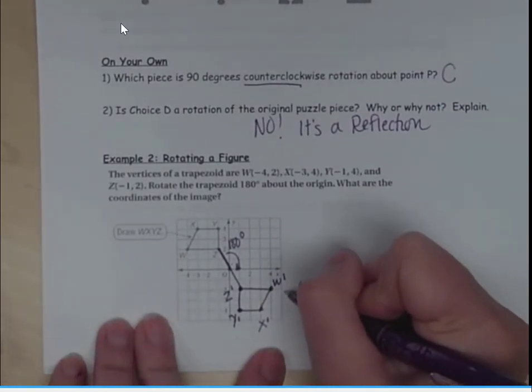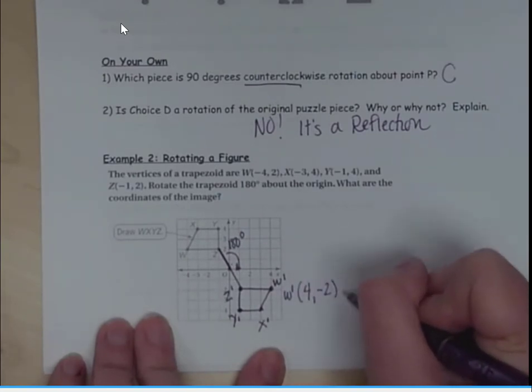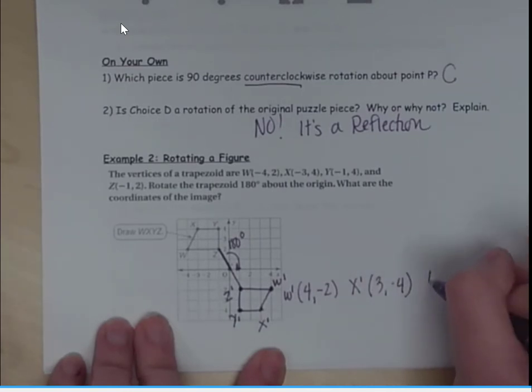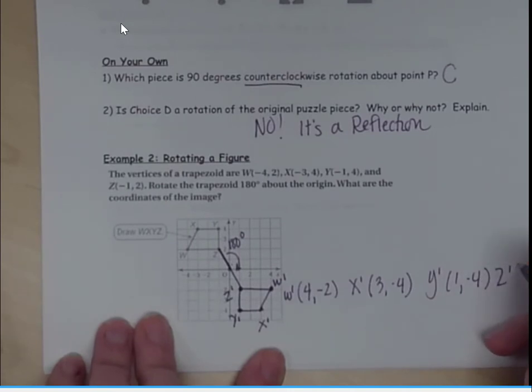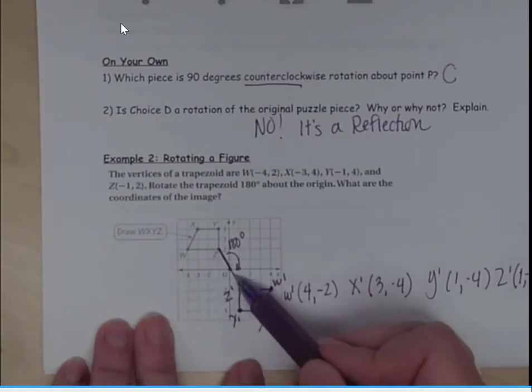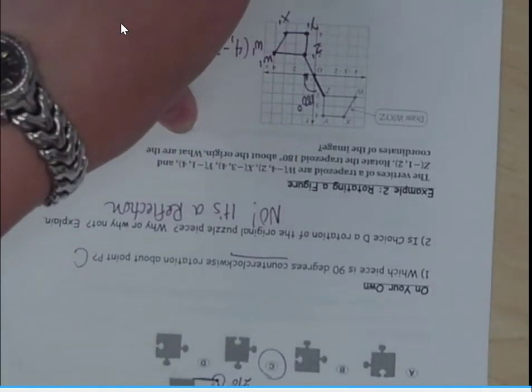So W prime is 4, -2. X prime is 3, -4. Y prime is 1, -4. And Z prime is 1, -2. So I see right here is my 180-degree angle. And I can always double check to make sure my shape is right. Turn it 180 degrees. Yep, that's exactly what it looks like.